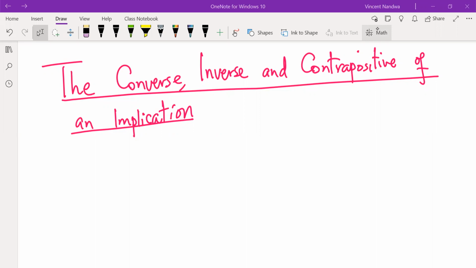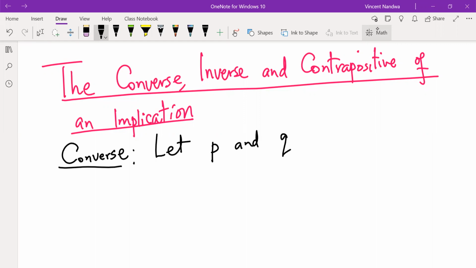So let's start by defining what we mean by converse. Let P and Q be two statements.